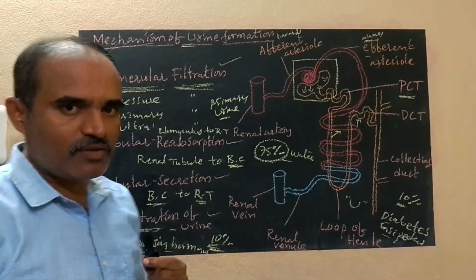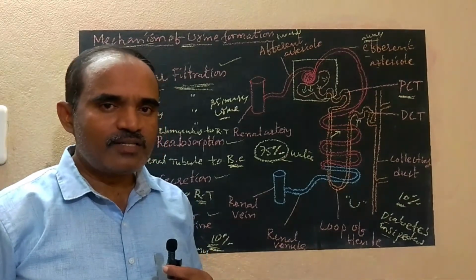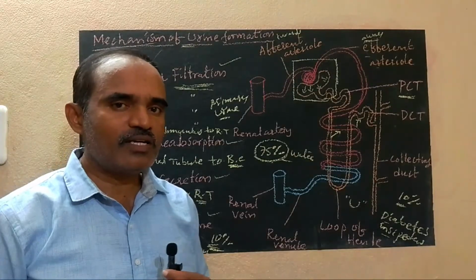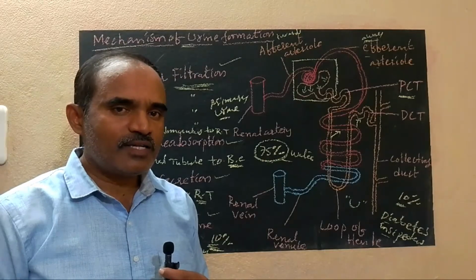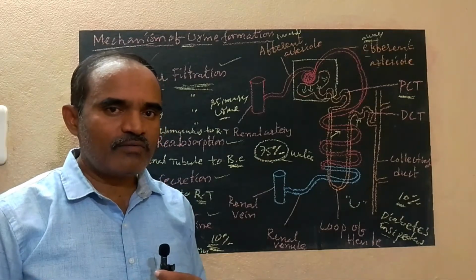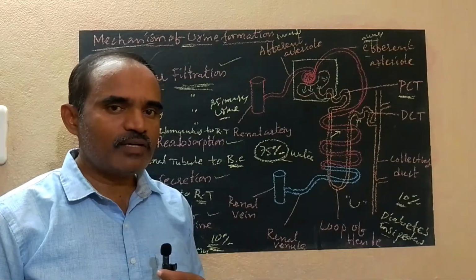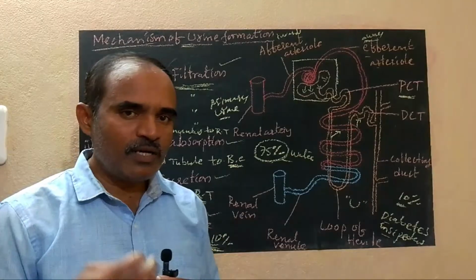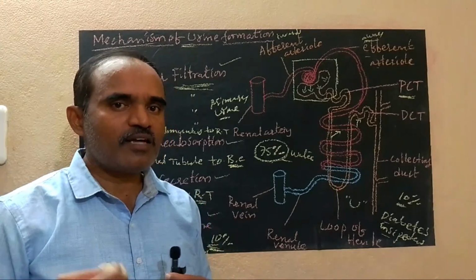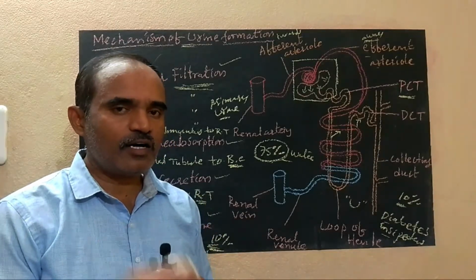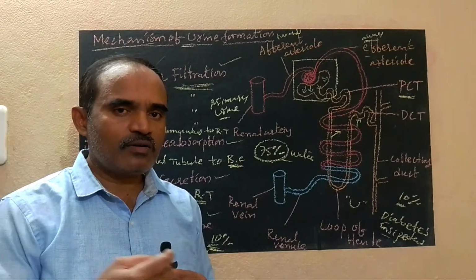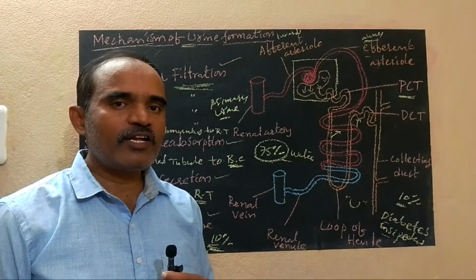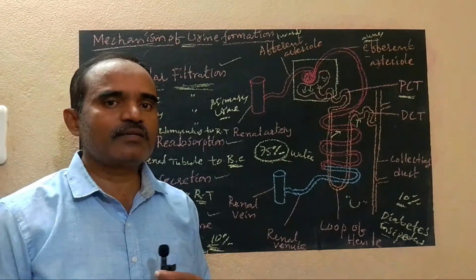The concentration of urine is decided by the vasopressin hormone. When the vasopressin hormone is absent, the person passes dilute urine, repeated urine, excess urine.